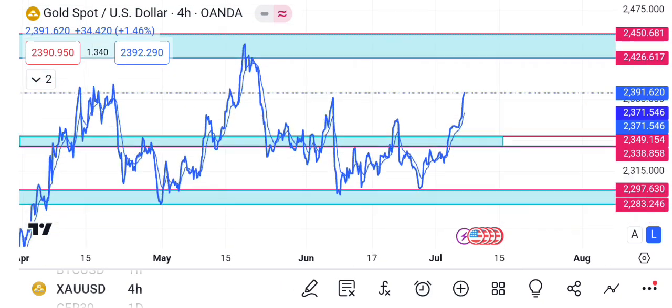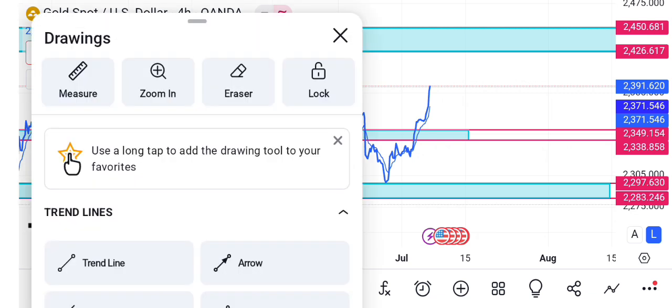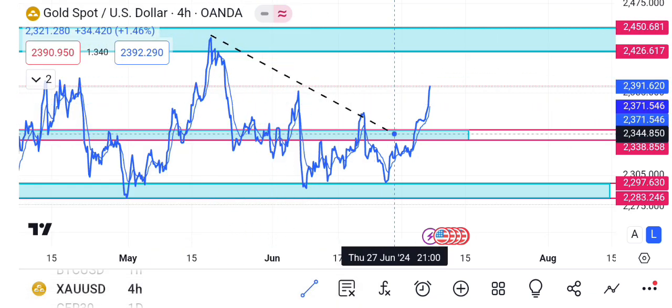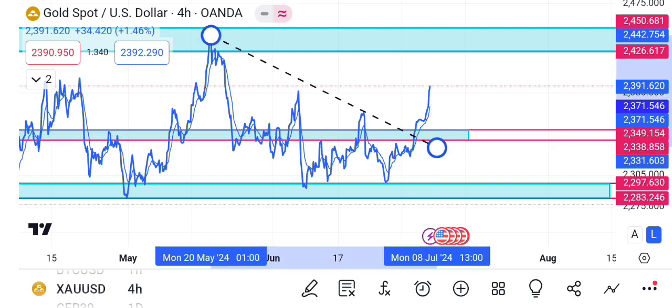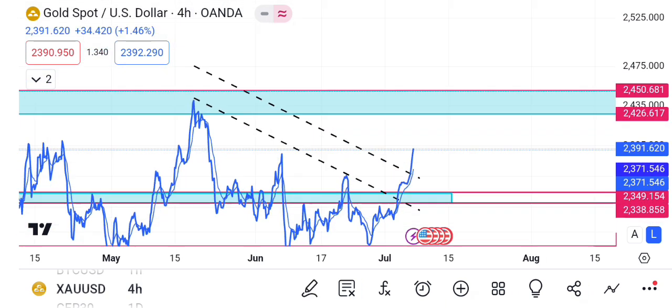So H4 time frame, what I say is that support is supported correctly, and now here's another zone. There's another zone.